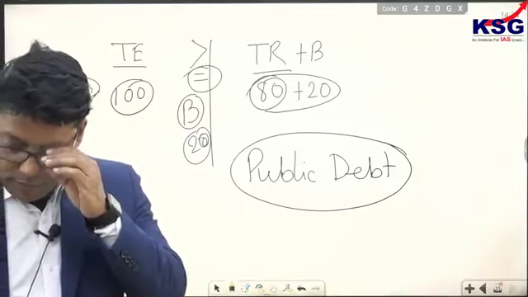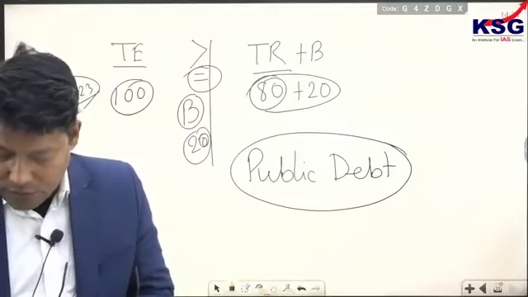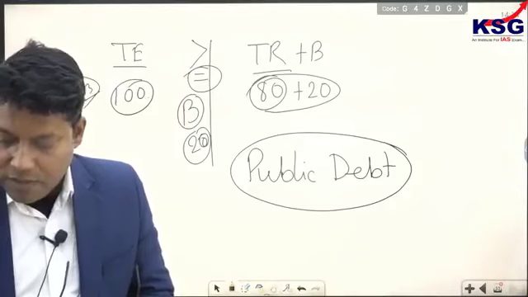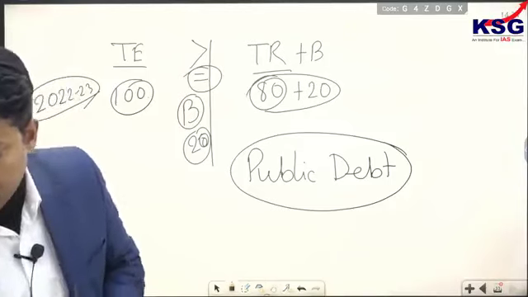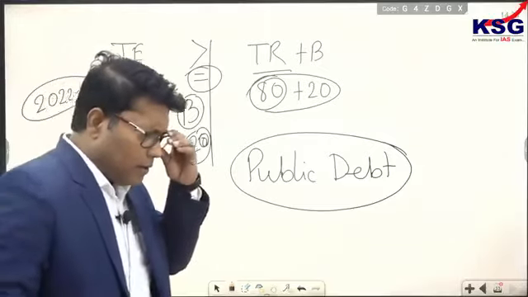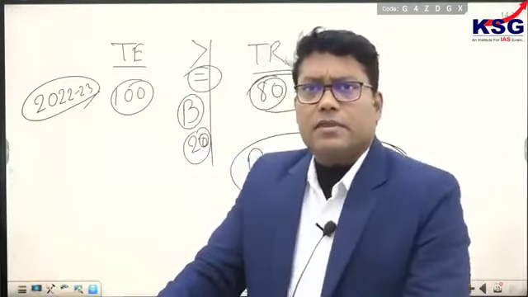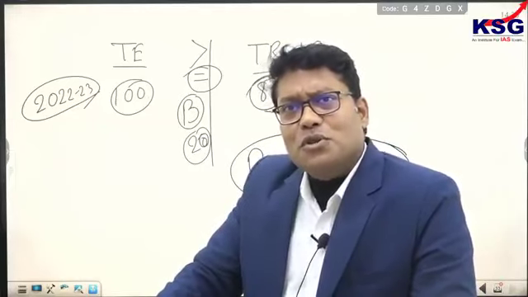What is the question? Yeah, one question. Sir, is there any role of remittance in fiscal policy? See dear, it's a very basic understanding. Remittance is received by India, we are receiving the remittances, but is it going to the government?